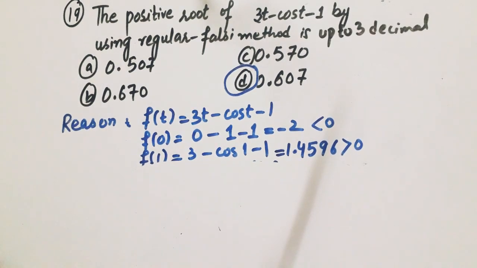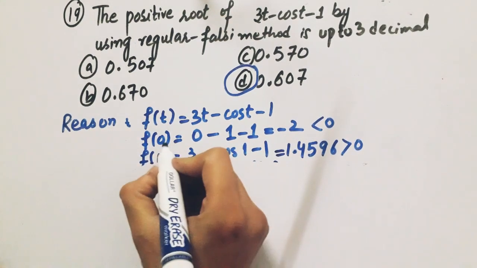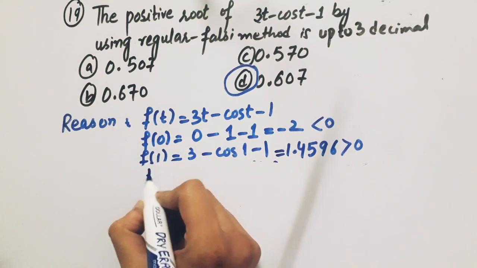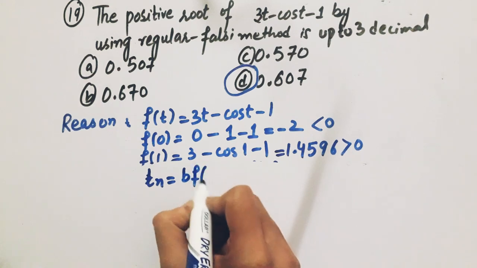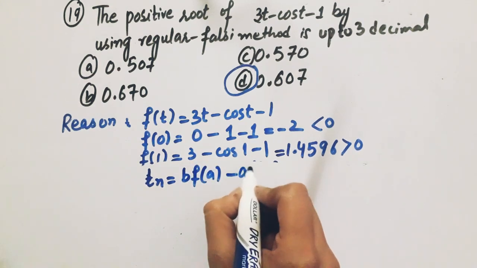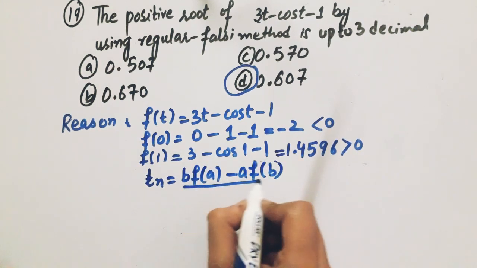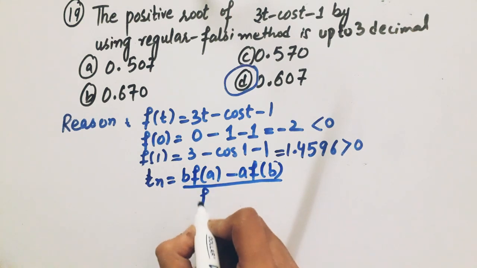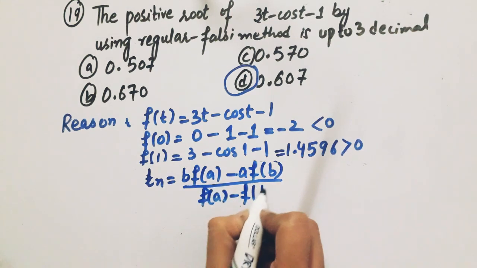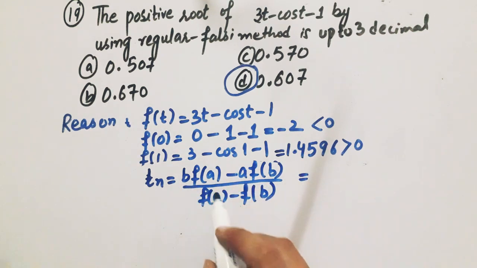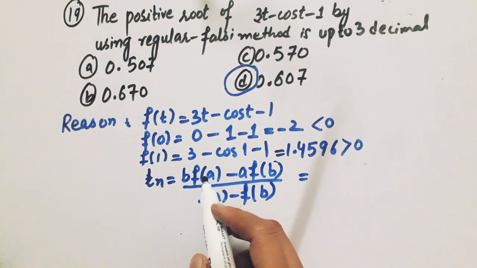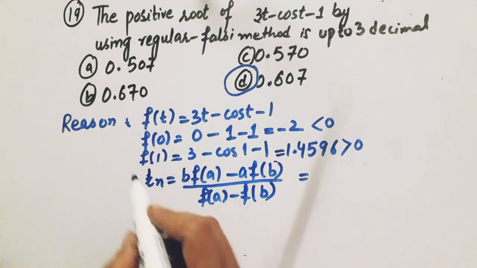Now you will apply the formula, that is t of n is equal to b f of a minus a f of b, divided by f of a minus f of b. Now put the values. f of a is equal to minus 2 and b is equal to 1.